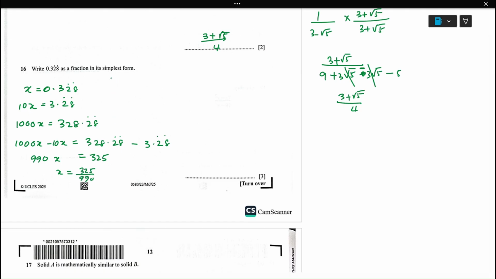But the question says simplest form, so we need to go with the 5 times table and divide by 5. 325 divided by 5 is 65, and 990 divided by 5 is 198. So 65 over 198.